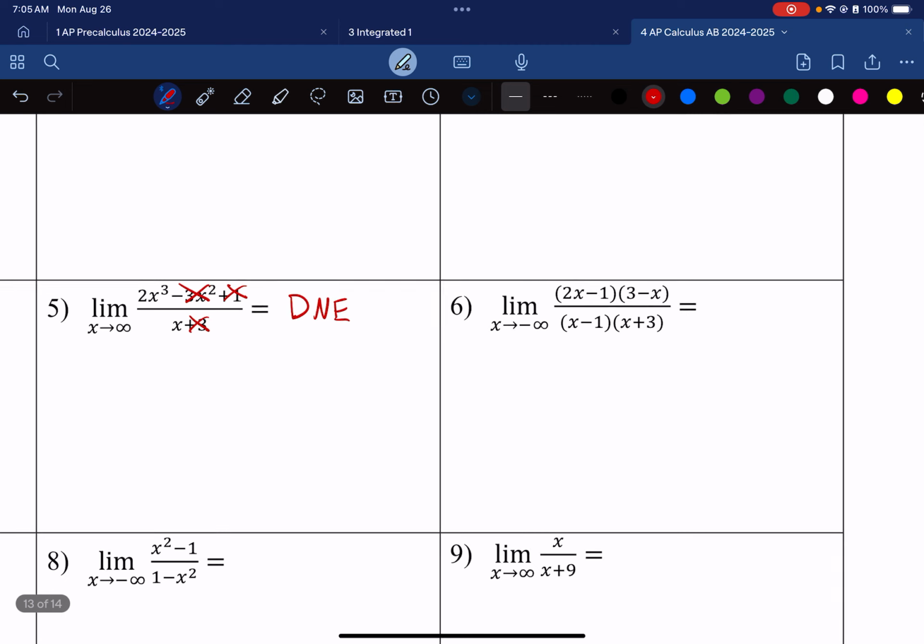And number 6, it's a little bit tricky because this one is factored for us, so we need to multiply through. However, I can still use this trick of ignoring things that are small. I can cross out this -1, cross out this 3, cross out this -1, cross out this +3, and then I can multiply through.